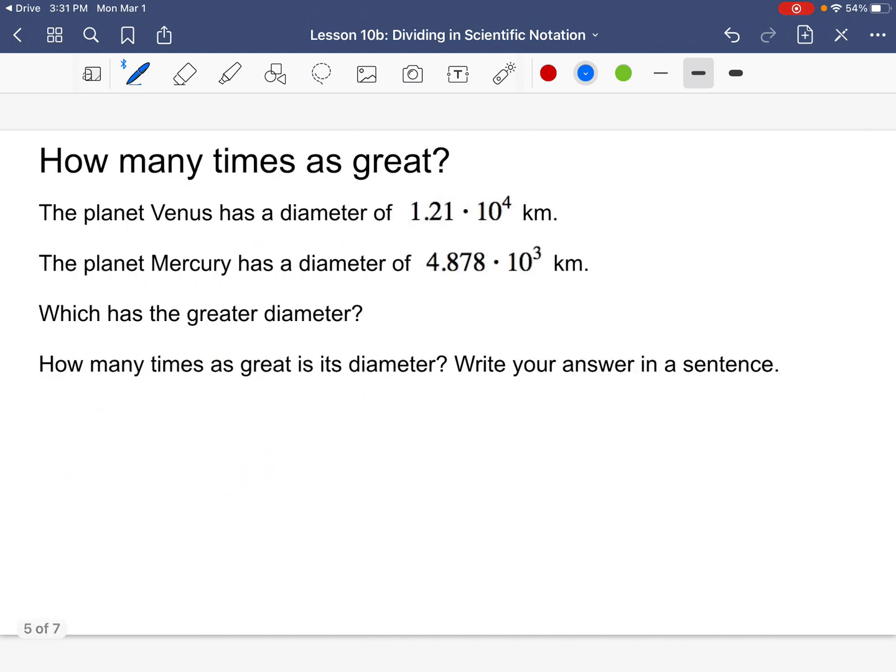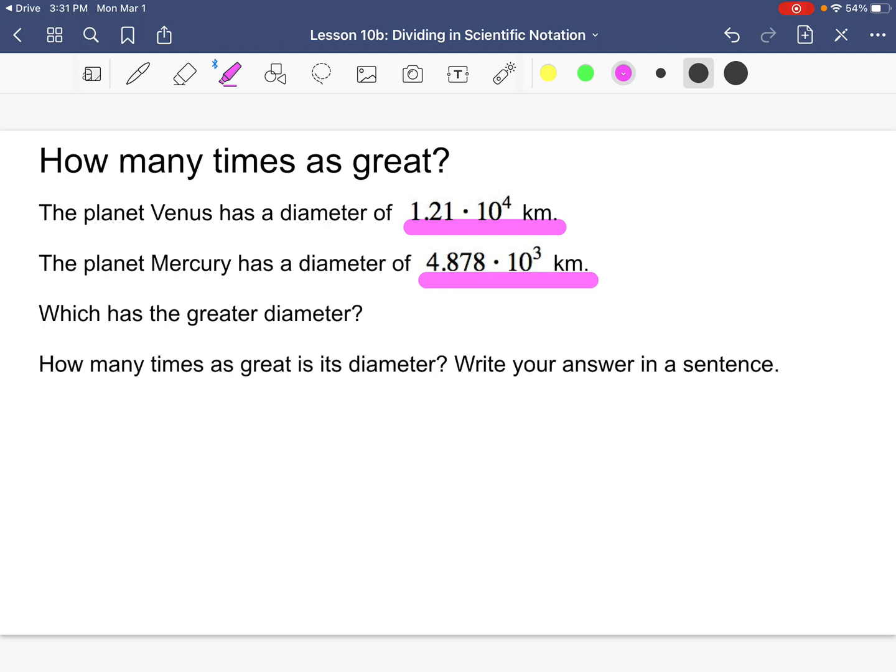So here's a problem. The planet Venus has a diameter of 1.21 times 10 to the power of 4 kilometers, and the planet Mercury has a diameter of 4.878 times 10 to the power of 3 kilometers. Which has the greater diameter?